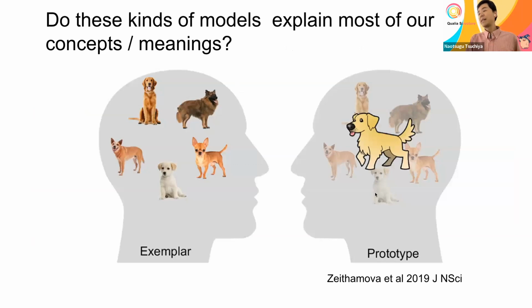It's more like there is a prototype of a concept, such as dog here, and then the exemplars, which are peripheral and far from this typical thing. And there is a grade of prototypicality or typicality of the category. That's what she claimed as prototype theory of concepts. And this has been quite influential in the theory of categorization or conceptualization.